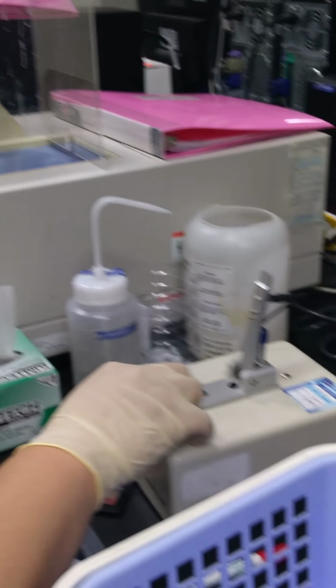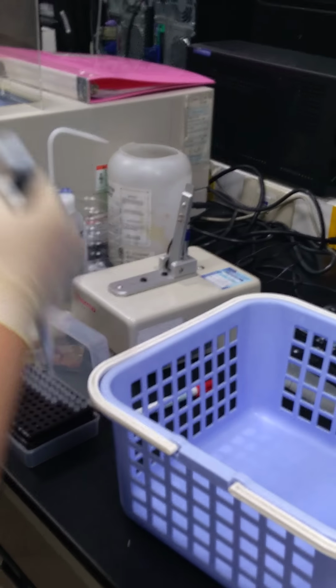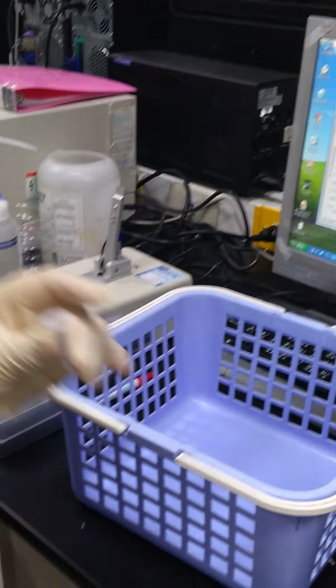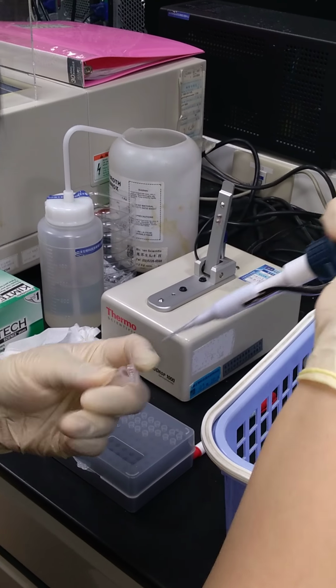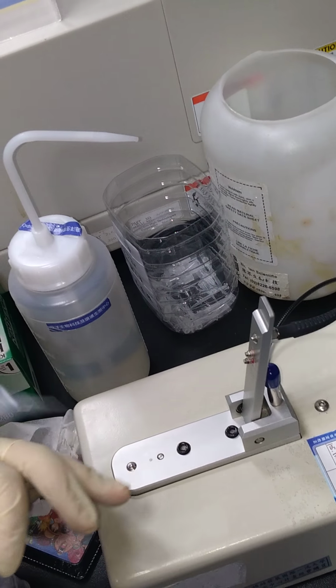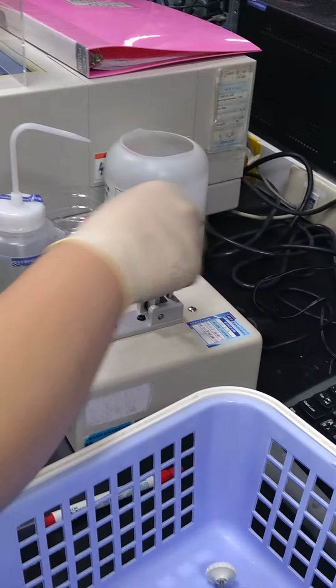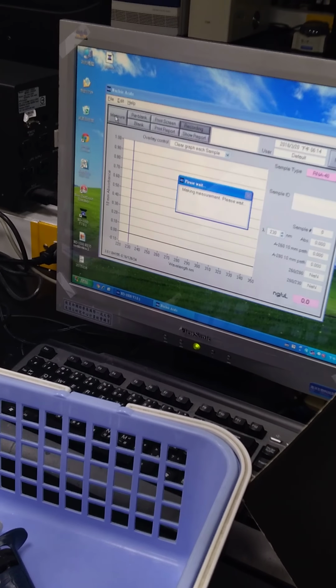Okay, and then we can measure the sample. And then there's the measured data. That's it.